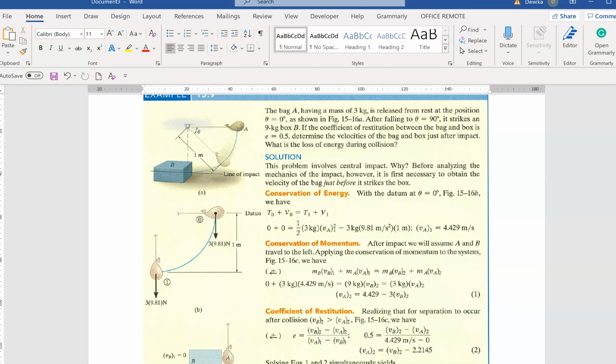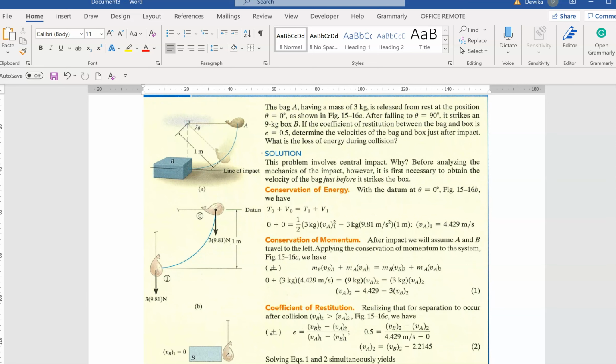Example 15.9 can be a bit tedious, so you need to pay attention, because it's like a storyline. The ball A, having a mass of 3 kilograms, is released from rest. The keyword is rest. It is released from the position theta equals 0, as shown in figure 15.6a.